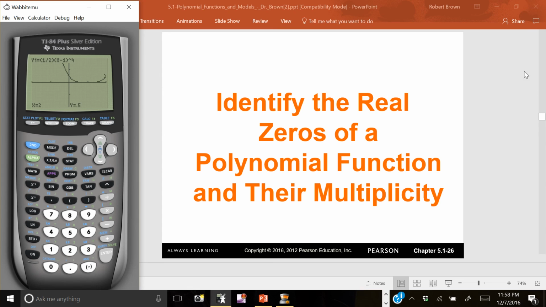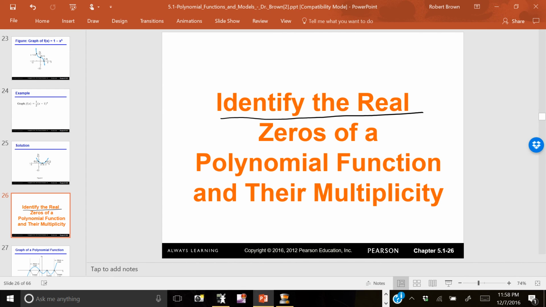Now, we're going to get a little bit further into analyzing a polynomial. We're going to learn how to identify the real zeros of a polynomial function and their multiplicity.